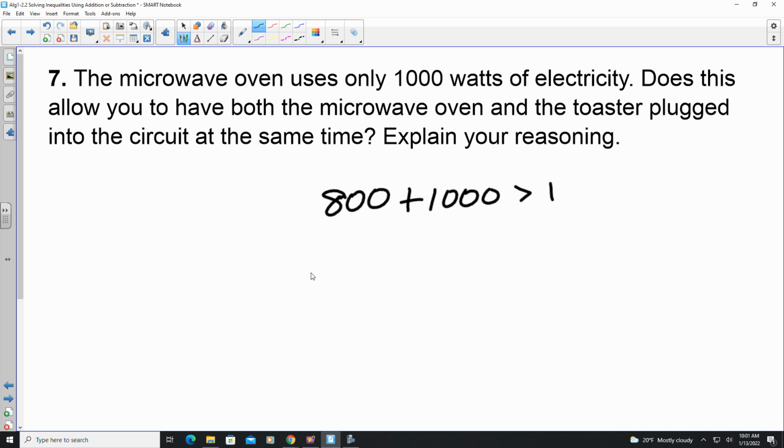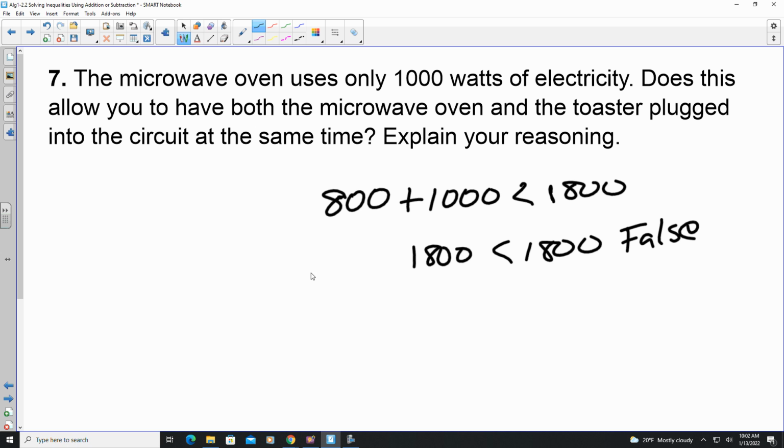Is it less than the 1800? So in this case, it's 1800 is less than 1800. Since there is no equal sign below it, this is a false statement. So my answer would be no. I could not use both the toaster and the microwave oven on that same circuit without it overloading.